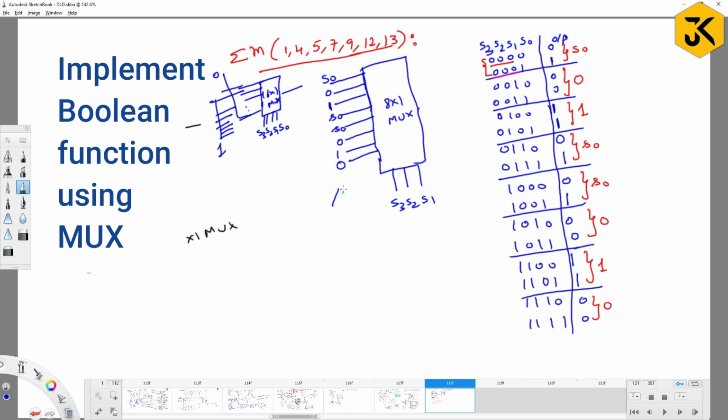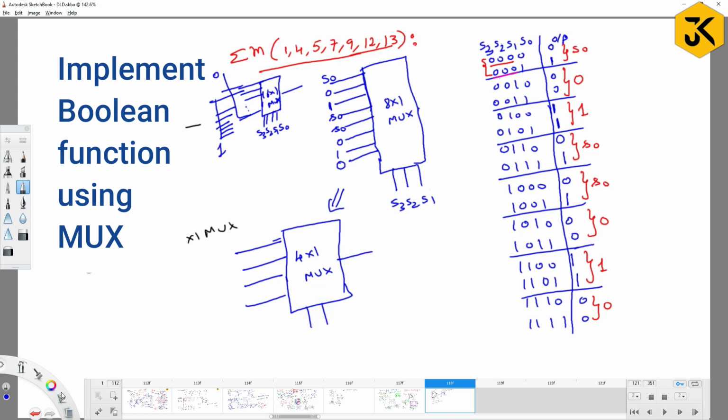Now can we try to do it with the help of a 4 by 1 MUX? Yes, we can. How? For example, let me try this one. If I take a 4 by 1 MUX, you are going to have 4 inputs and 2 select lines and 1 output.